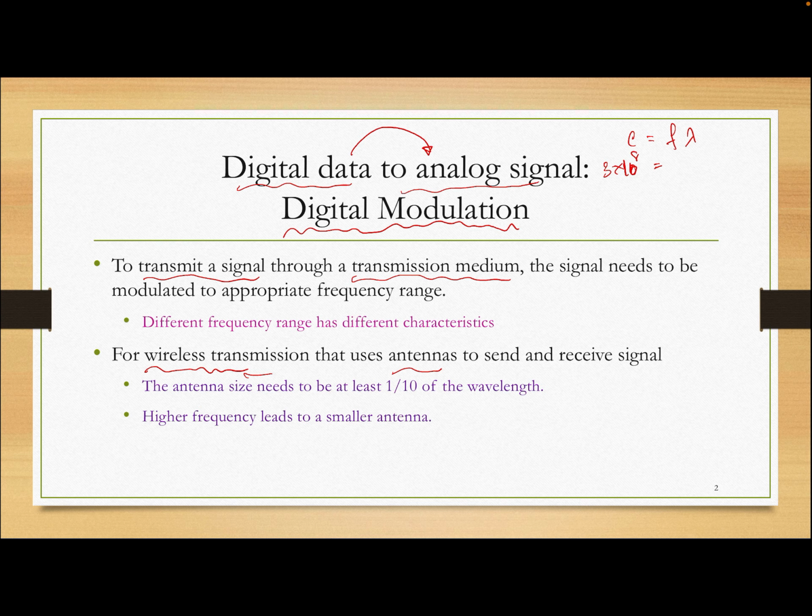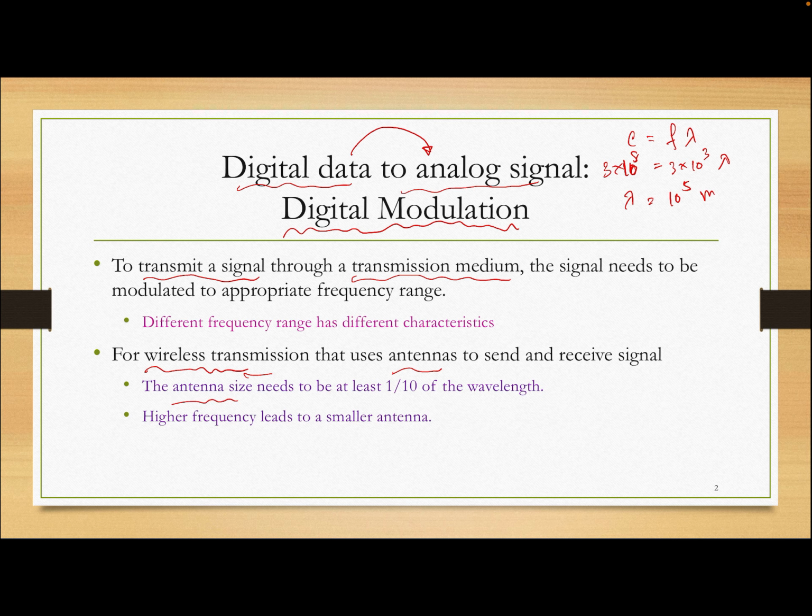If you look at voice frequency, maybe you have wondered why we never use an antenna to transmit voice frequency for telecommunications. Let's say voice frequency is around 3 times 10 cube, or 3K hertz. So lambda will be equal to 10 to the 5th meters.